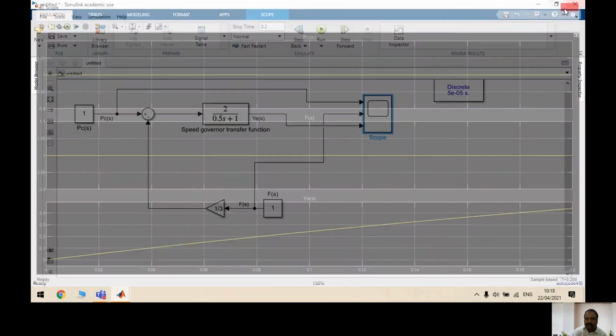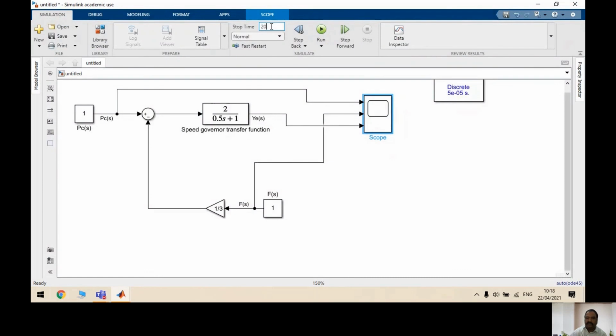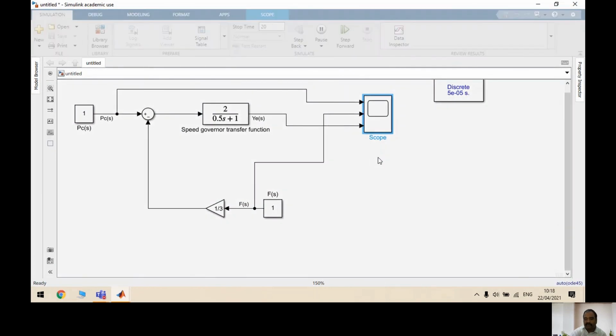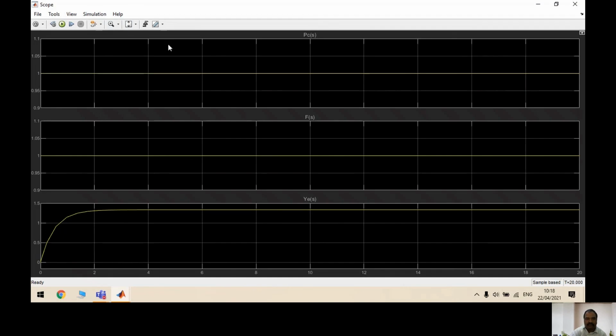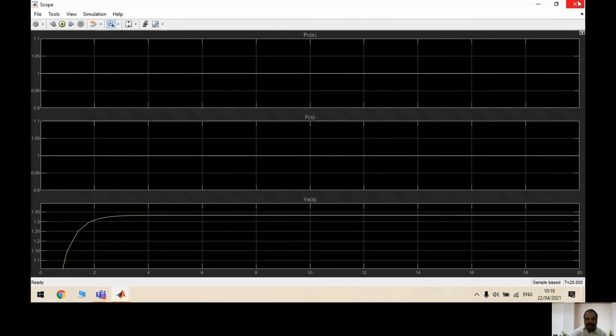Now let us run this for, let us suppose, around 20 seconds. Let's see what happens. It is getting stagnant at 2 seconds or so. It is getting saturated, isn't it?